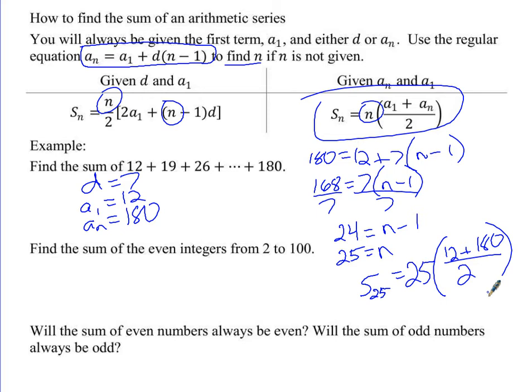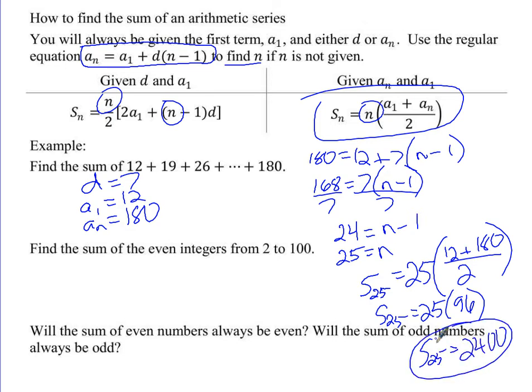Is it? Okay, so we have S sub 25 equals 25 times 96. So that's 100 short of 2,500, so 2,400. S sub 25 equals 2,400.